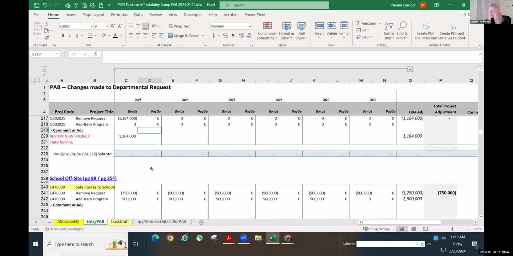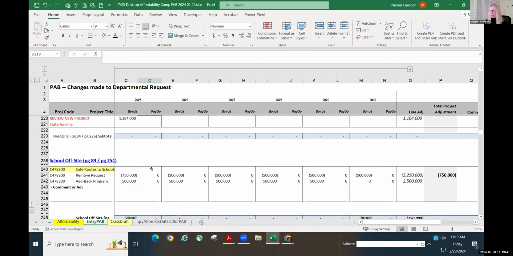And the last multi-year recurring that we have not covered is safe routes to schools. They had requested $750,000 in fiscal year 25. It was brought back to plan, and I don't recall if that was associated with a specific project or not. Now, that's a program increase because of the overall safe routes to school studies that we've been doing that were mentioned earlier.